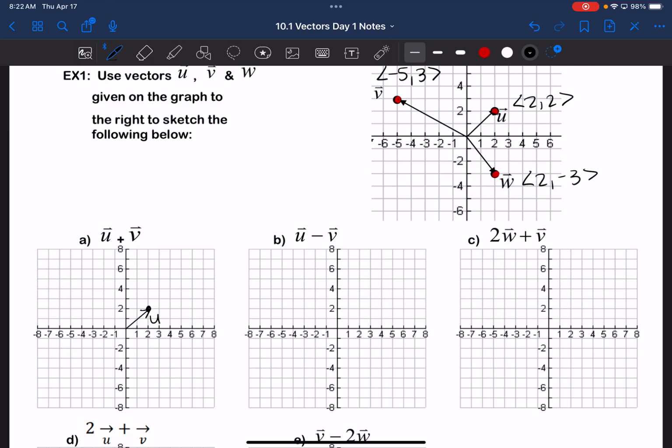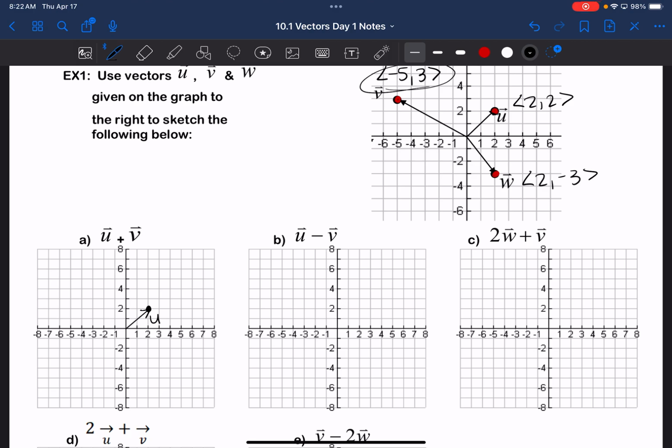All right, and when I am adding vectors, like it says up there, we start the next vector where that one ended, okay? So if we actually were to move the amount that vector v is, that would be -5, 3, right?